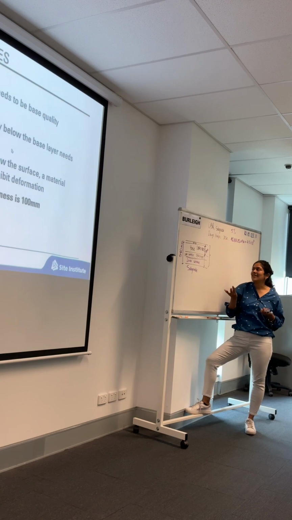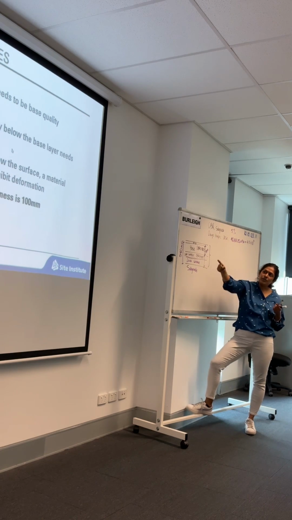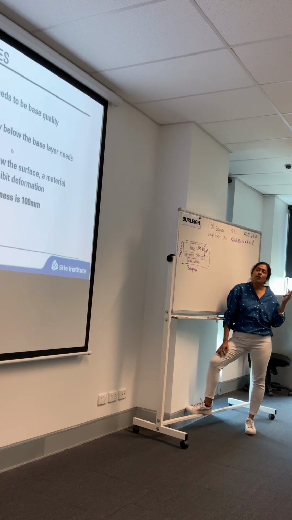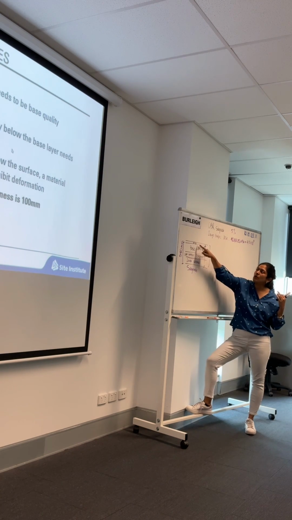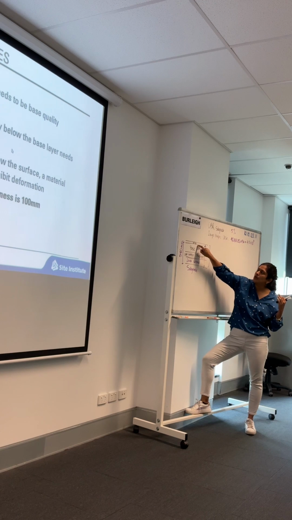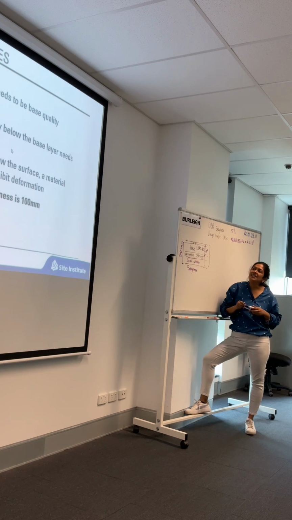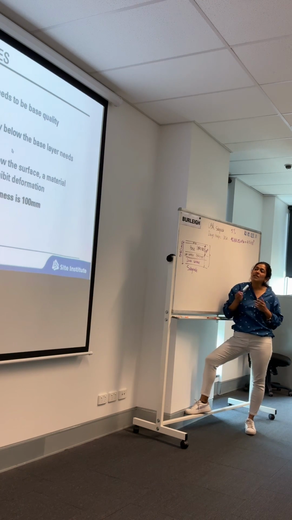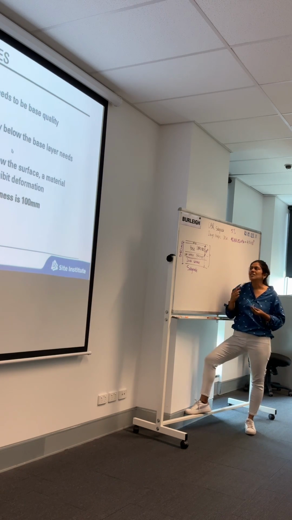So rule number 3 says, at a depth of 250 millimeters below the wearing surface, so from this point to the bottom, a material with a minimum CBR of 13% is required to inhibit deformation. So what does it mean?